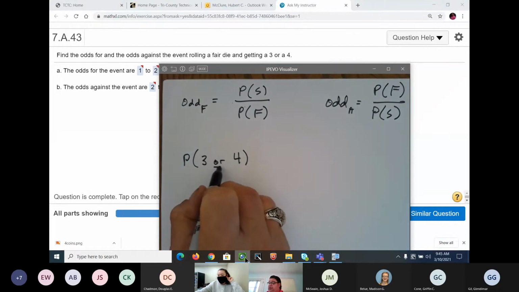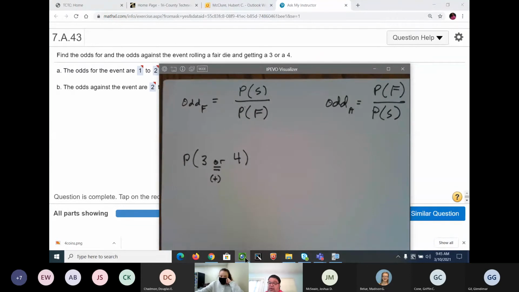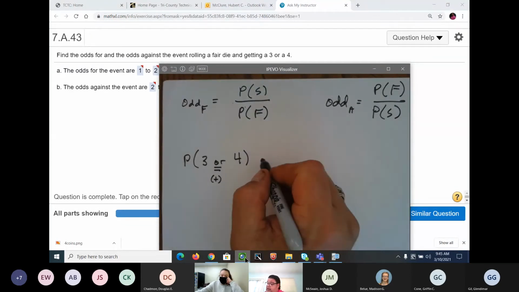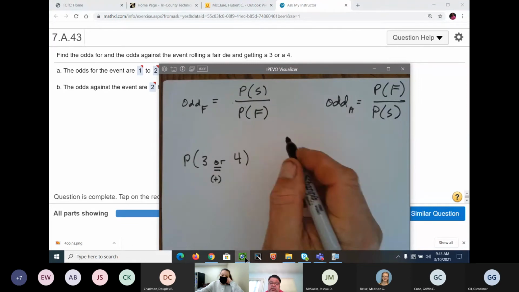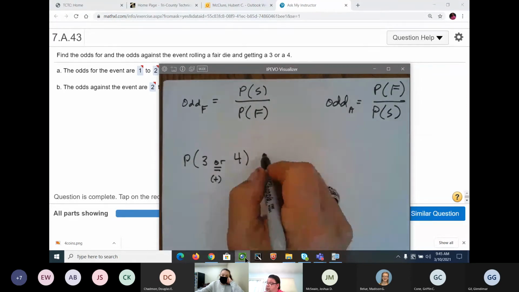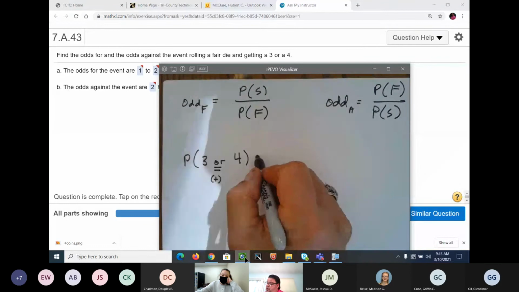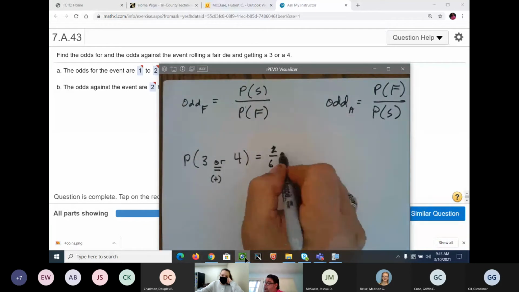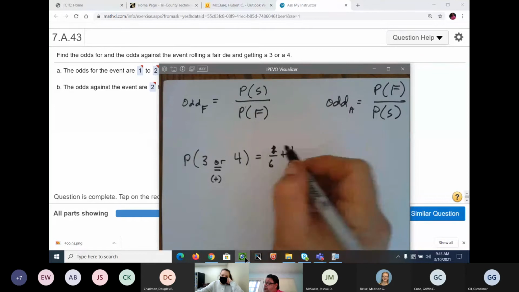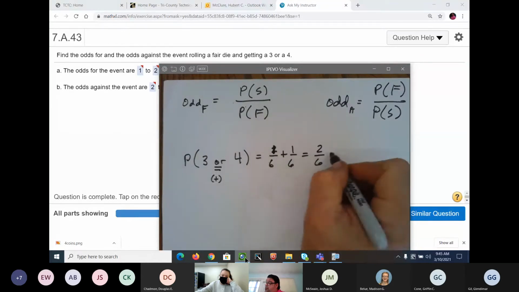I don't know how they expect you to know that this is addition when they cover it in 7A, so it's kind of a misplaced question. But that's going to be 1 over 6 plus 1 over 6, which is 2 over 6, which is 1/3.